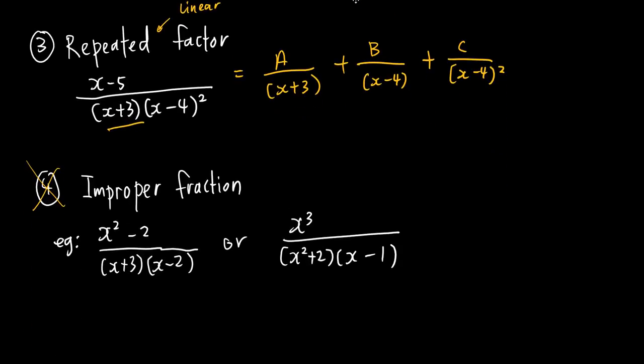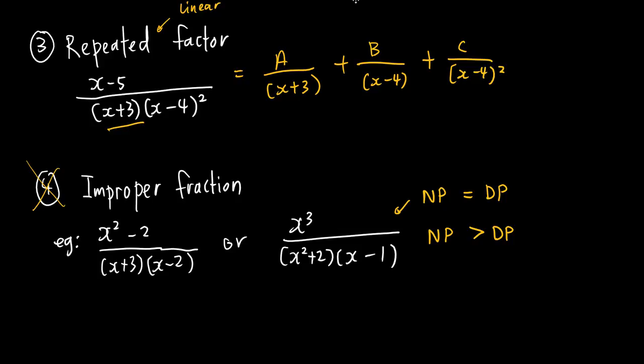Alright, but it is so important to recognize the question. Make sure it is not in the fourth category, which is the improper fraction. So for improper fractions, the numerator power, I'm going to call it short form. The numerator power either equals the denominator power, or the numerator power will be bigger than the denominator power.